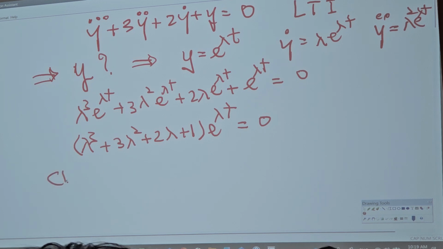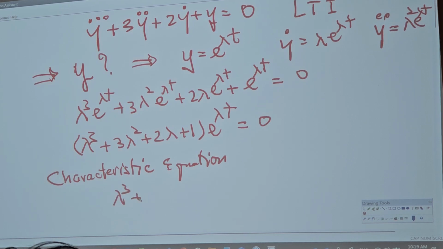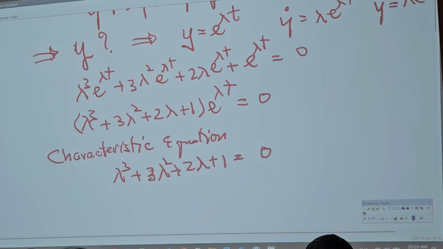So the characteristic equation will be this one: lambda cubed plus 3 lambda squared plus 2 lambda plus 1 equals 0. So now, what is the lambda?